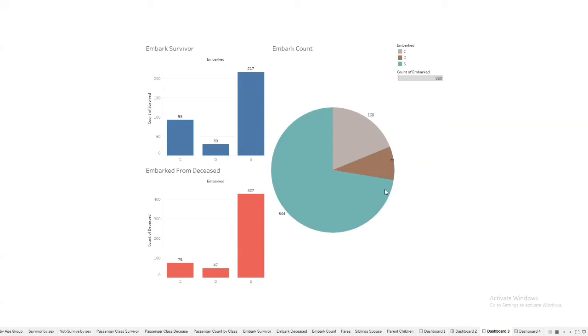As you can see in the survivors, among passengers that embarked at C, the survivors are more than the deaths. It is also the same for passengers that embarked at Q. So as you can see, there are more passengers that embarked at S than C and Q.